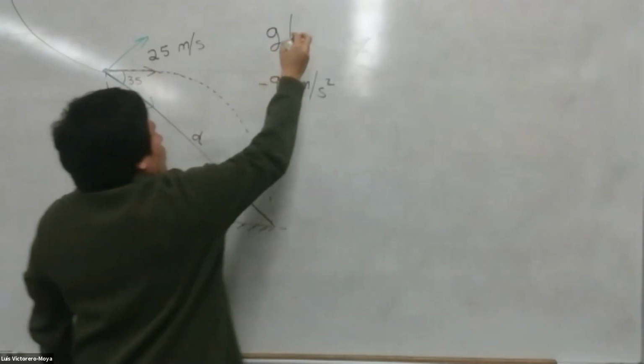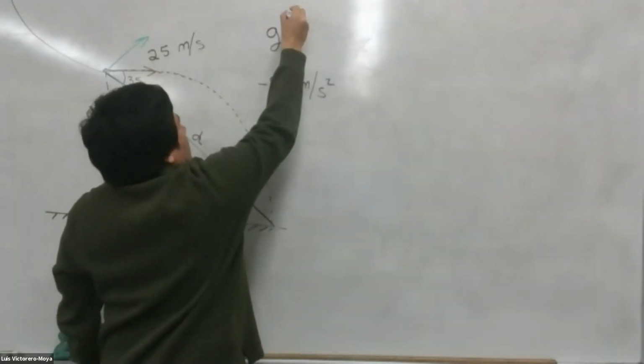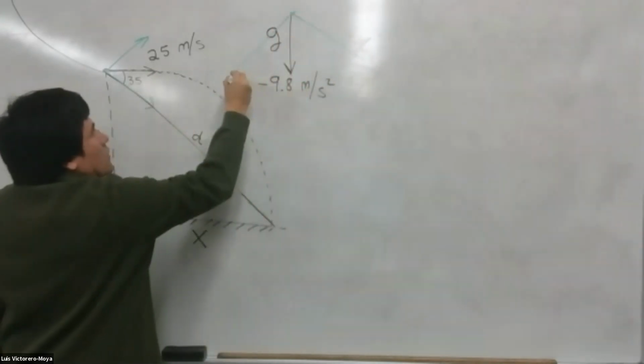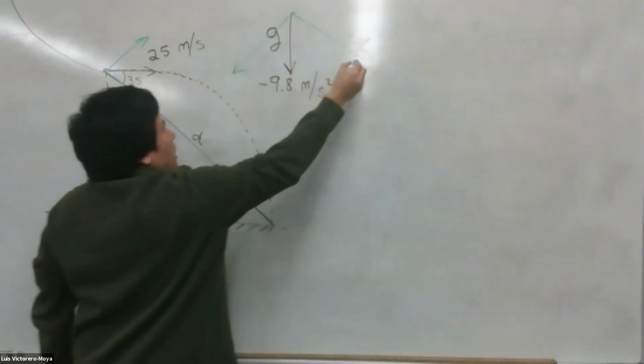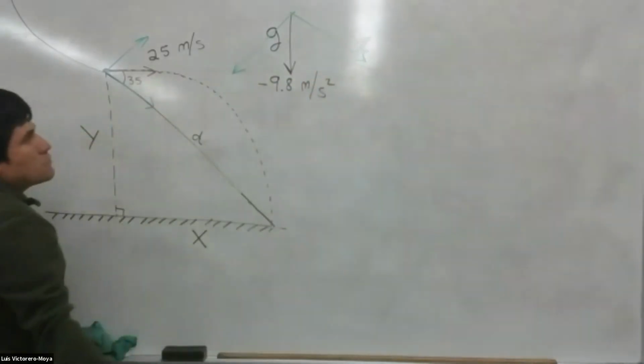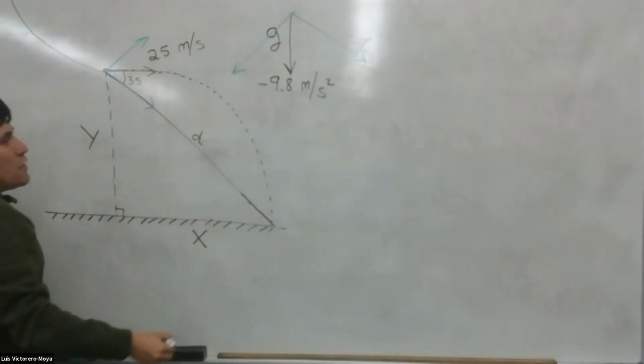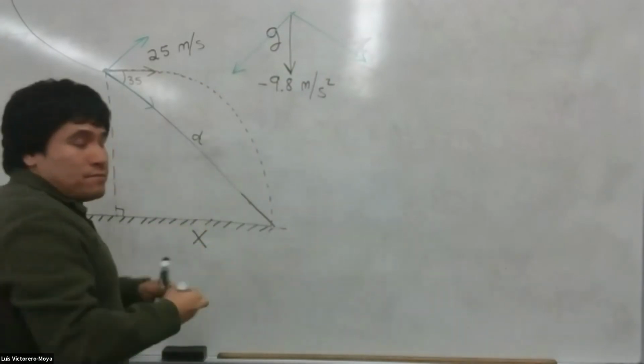Let's actually do it here. We can break gravity going this way and this way. Gravity can affect this direction and this direction, because this angle here is also 35. That's easily proven using trig.